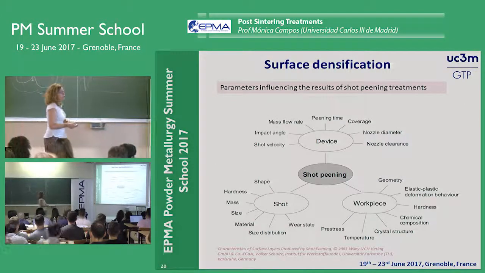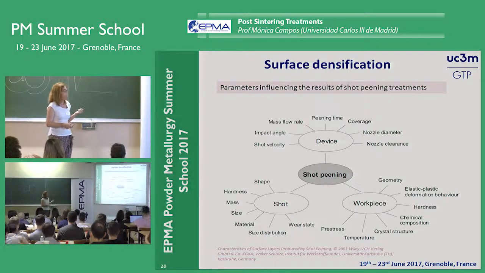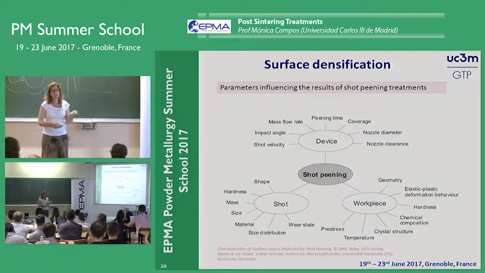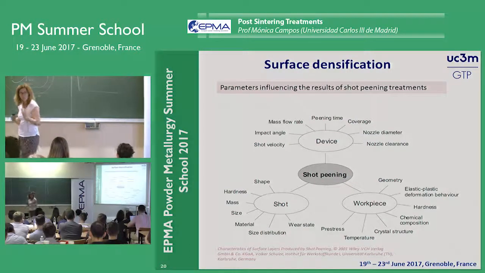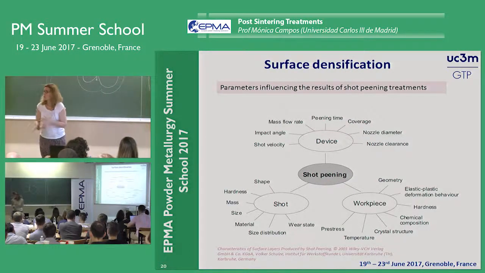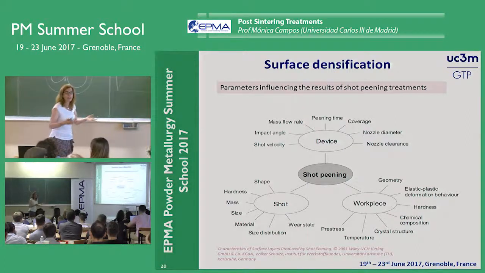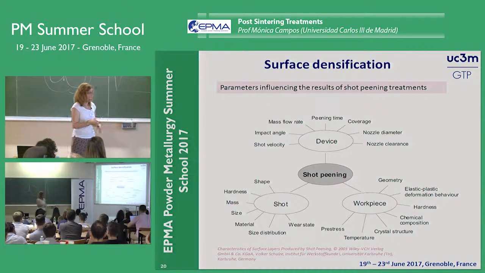In the case of shot peening, the parameters depend on the device that we have, on the shot that we have selected, and also on our material. It's not the same to work with a heavily alloyed steel, or with a plain carbon steel, or an Inconel, or another material with another composition.